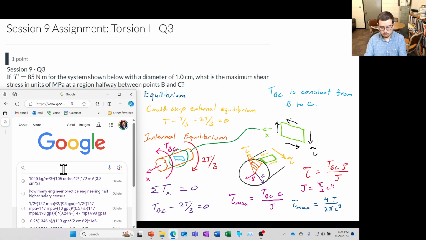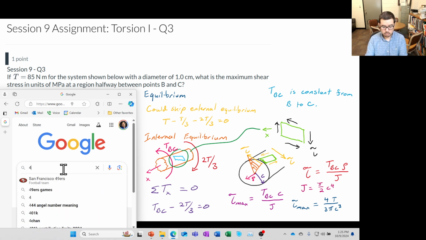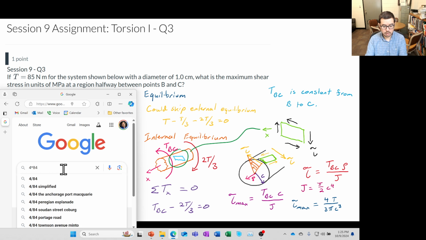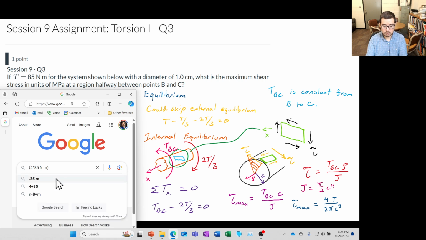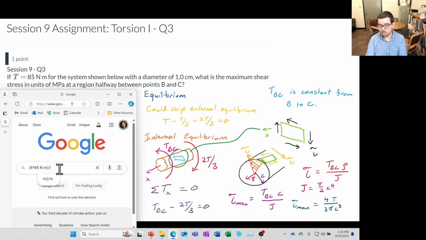So we'll do 4 times the 85, times 3 times pi, times c to the third.